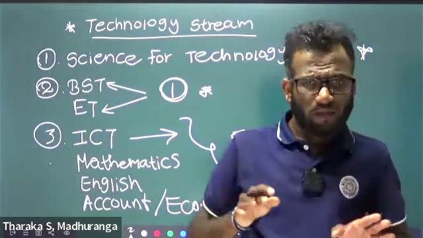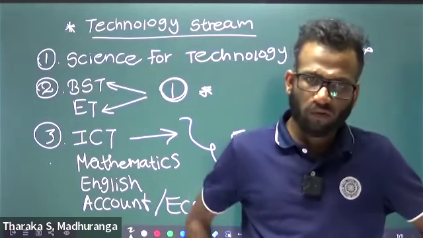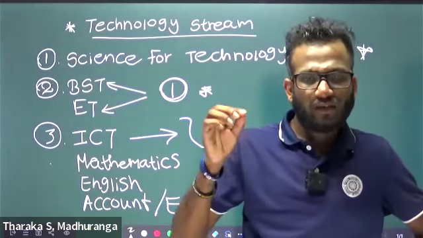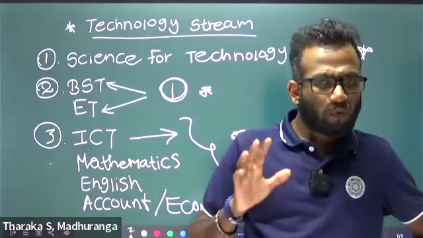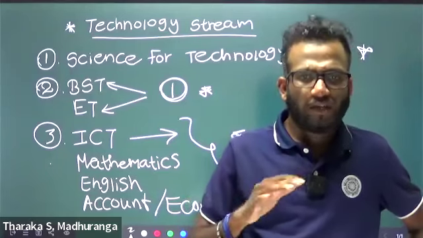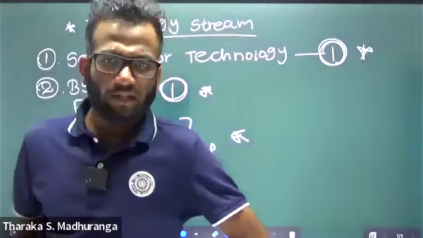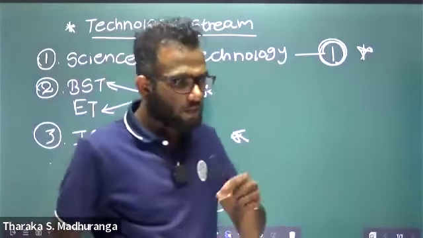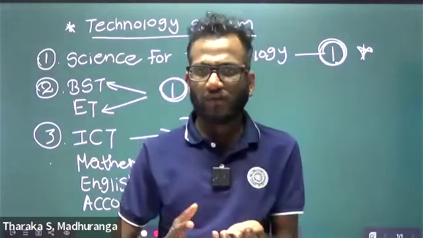I think you have now selected your subjects according to your preference. The main important thing is your preference. If you don't like the subject, it is very difficult in A level, because A level is more demanding than O level. Now you only know the structure of O level.